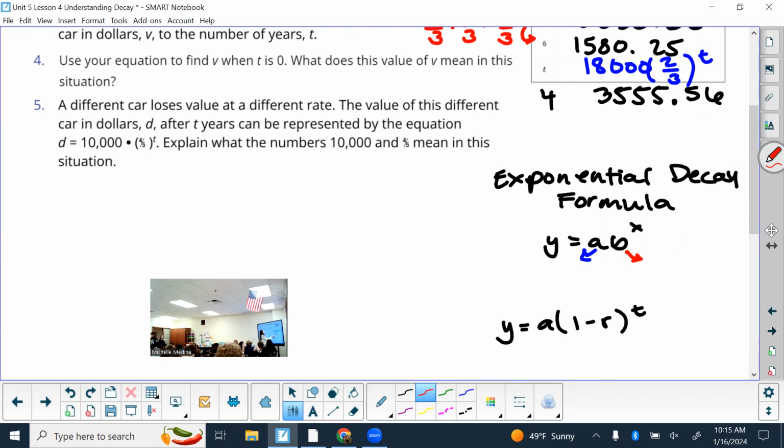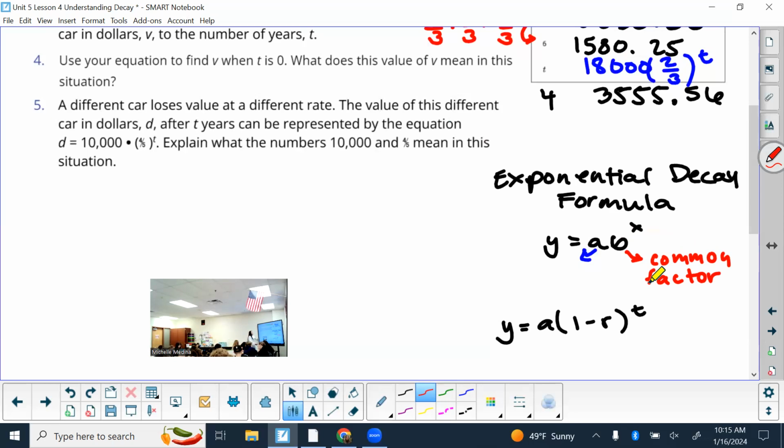But how can I figure out what these numbers are? Okay, Carissa, say it louder. B is common factor or ratio. They use both words interchangeably. But common factor is what you're multiplying by each time to get to the next one.